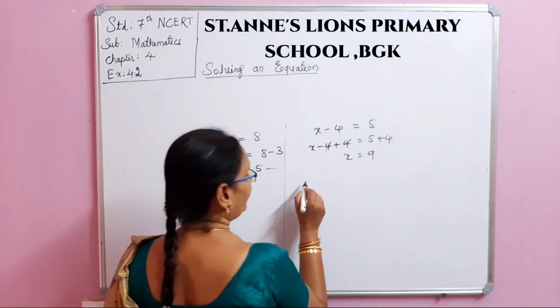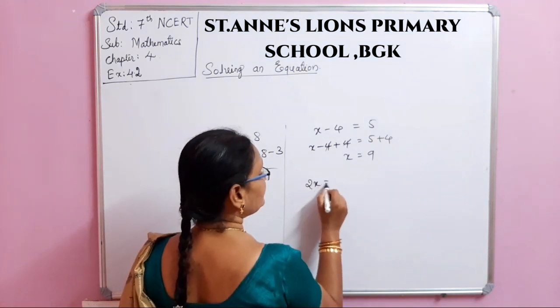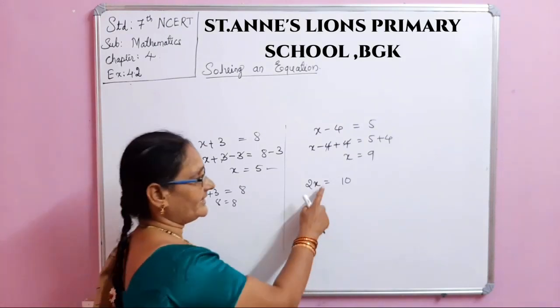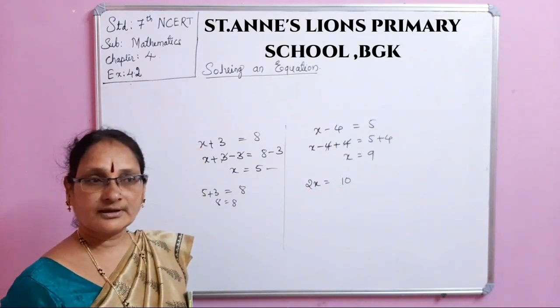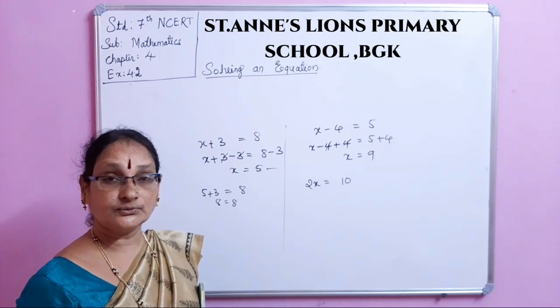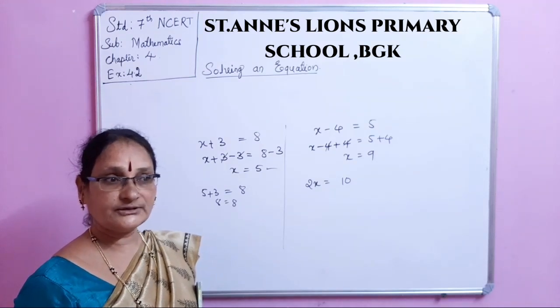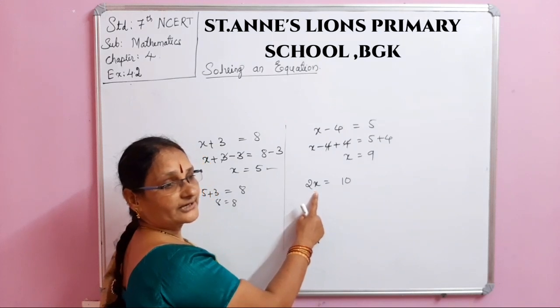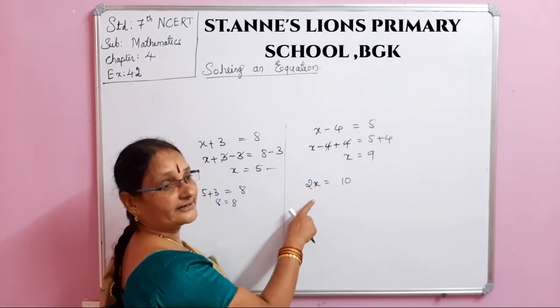Then same thing. 2x equal to 10. Here along with x there is 2. How to delete that 2? How to cancel that 2? Here multiplication is there. We cannot add here. We have to divide here.